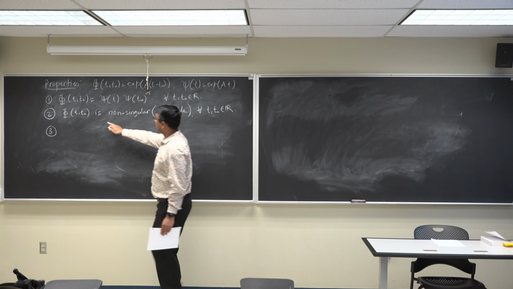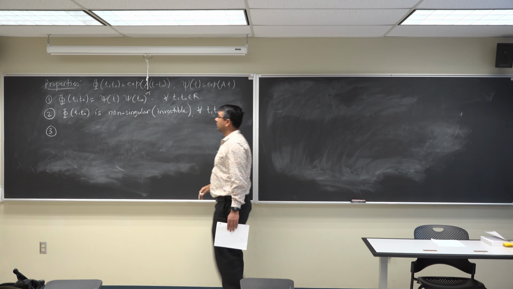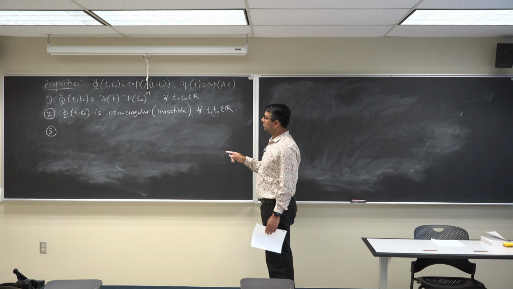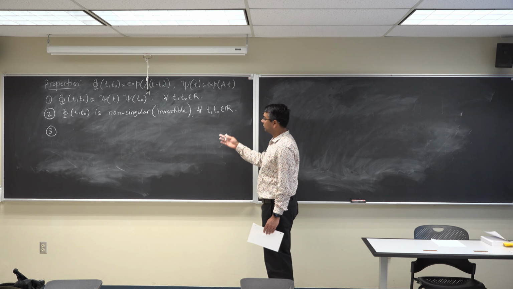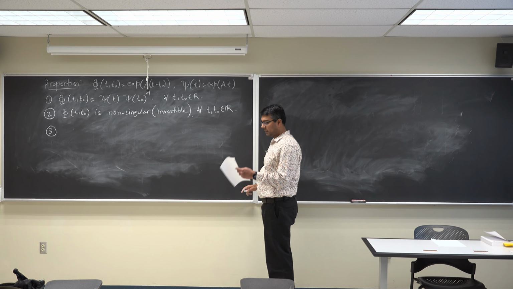So phi of t and t naught will always be invertible. Remember, phi of 0, 0 is actually equal to the identity matrix. So no matter what value of t and t naught you pick, it's going to be an invertible matrix.